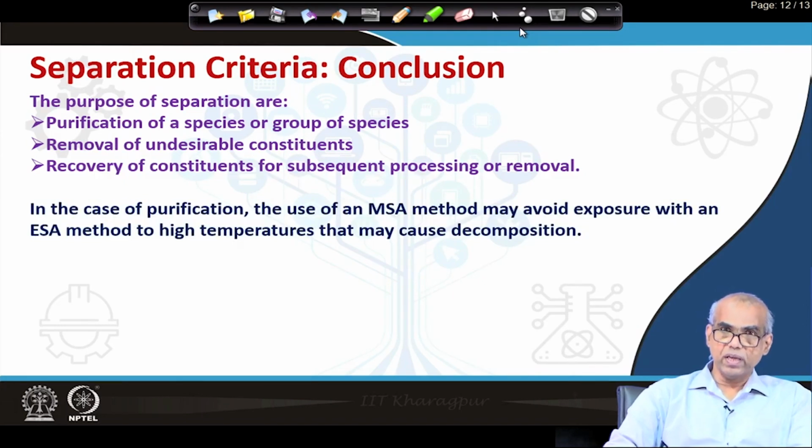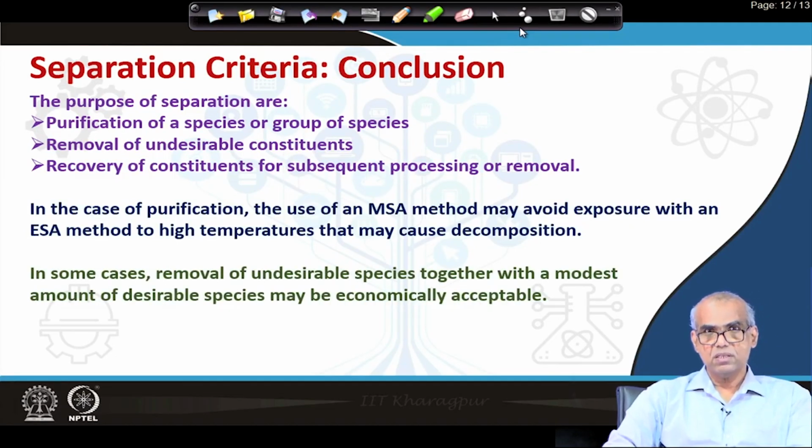In case of purification, the use of a mass separating agent may avoid exposure with an energy separating agent to high temperature that may cause decomposition, particularly for heat sensitive materials.